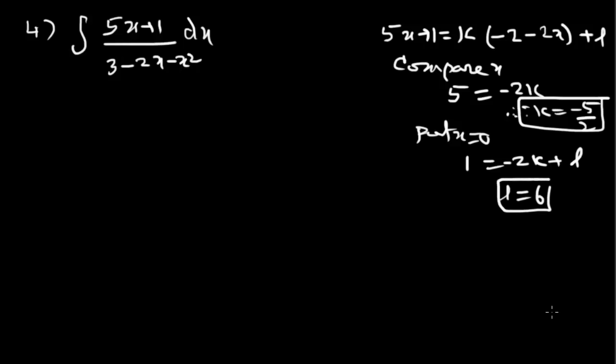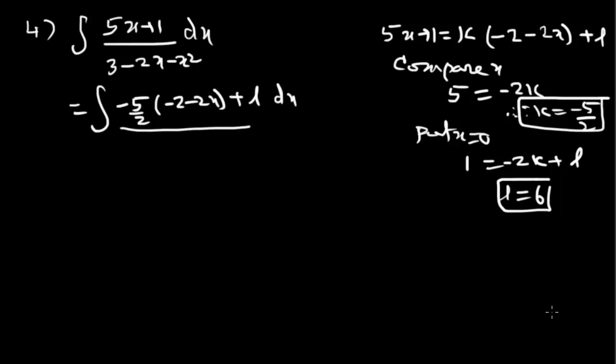So we replace the numerator by writing k, that is minus 5 by 2 into minus 2 minus 2x, plus L, that is plus 6, into dx by the same denominator, 3 minus 2x minus x squared.